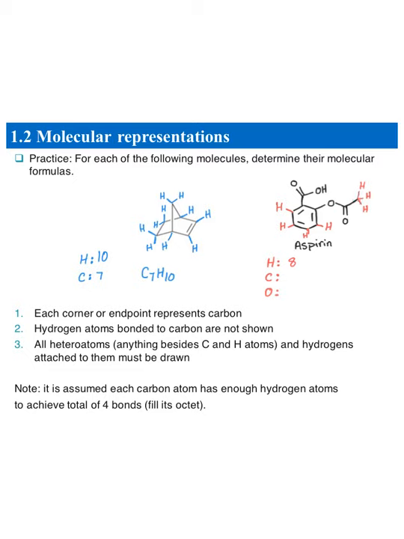We have carbon 1, 2, 3, 4, 5, 6, 7, 8, 9. And oxygens, we have 1, 2, 3, 4 oxygens. So the formula for this one is C9H8O4.